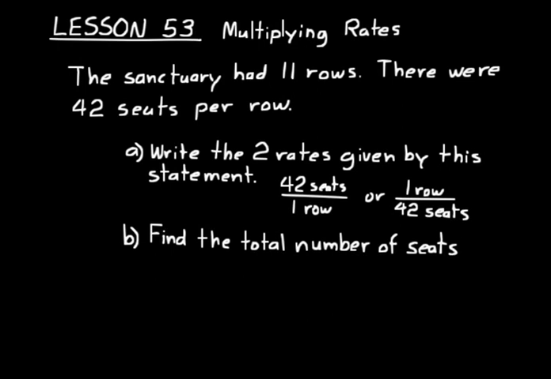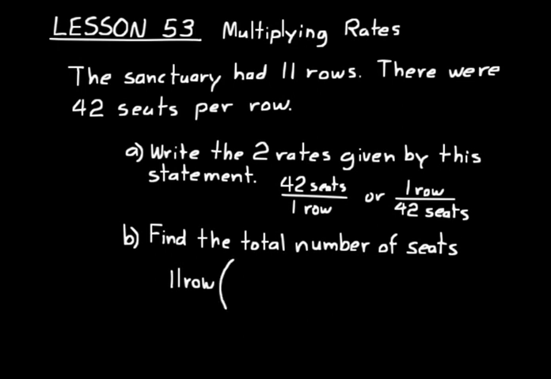Now in B, they want us to find the total number of seats. Well, we had 11 rows in the sanctuary, so we write down, just like a unit multiplier problem, that value that's been given, and in essence, we're changing units, right? We're changing from rows to seats, so we need a unit multiplier of seats per row in order to do that.